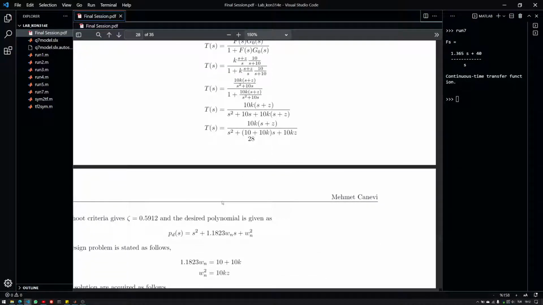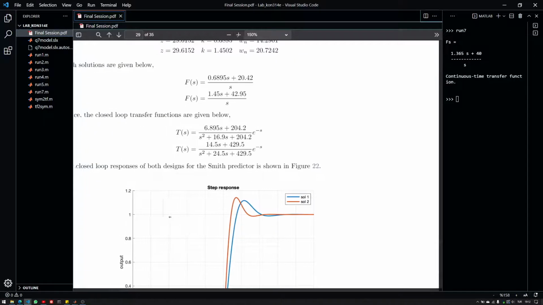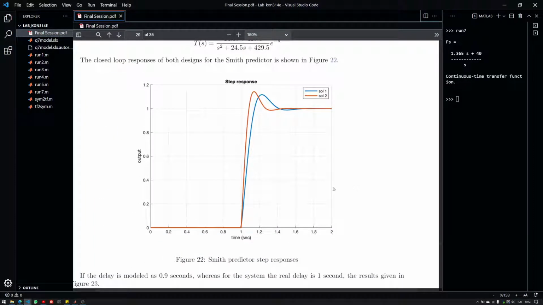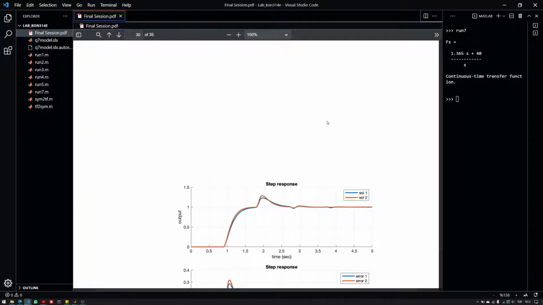Now, then we have the controller design methods. So here it is. And then we have this 1 second delay, solution 1, solution 2. It doesn't really matter in this case.